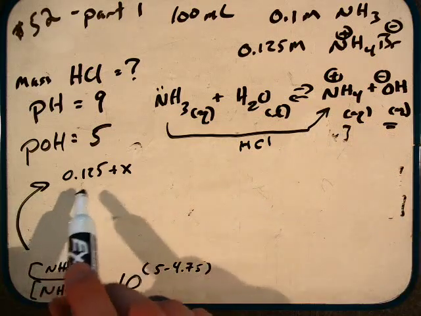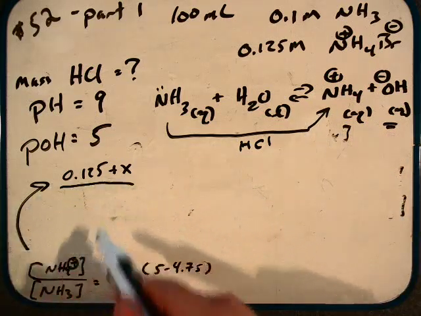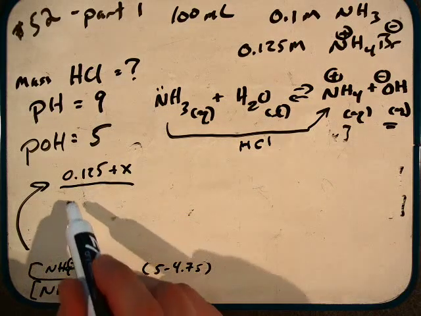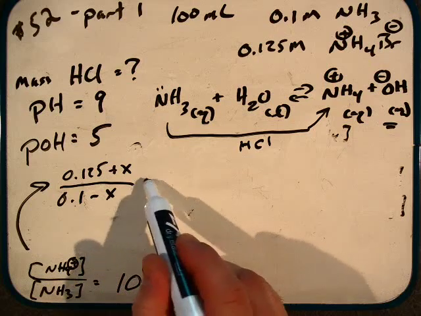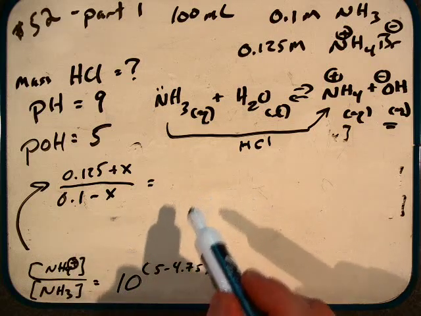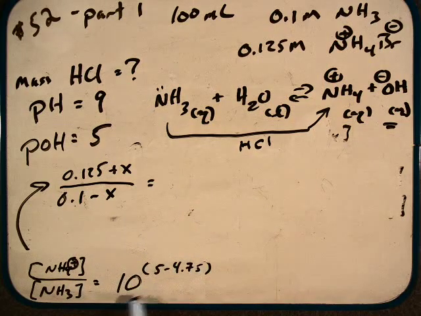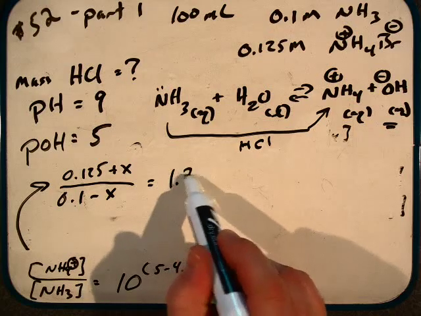So that's why we'd have 0.125 plus X for our NH4. For our NH3, we would have 0.1 minus X, and so that is going to equal 10 to the difference of our pOH and pKb, and that value is 1.778.